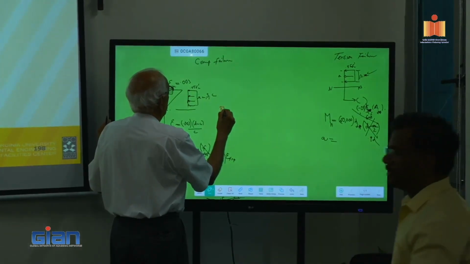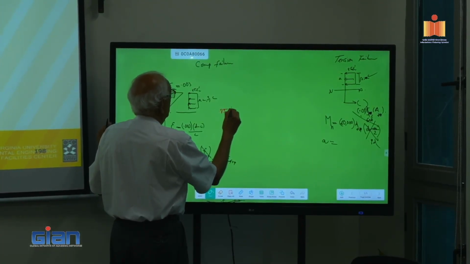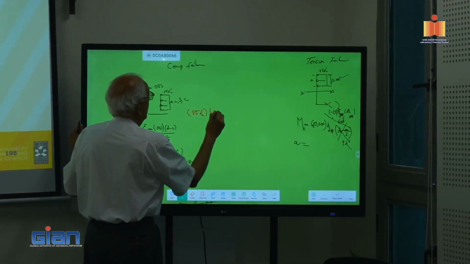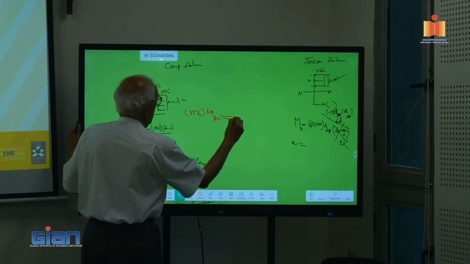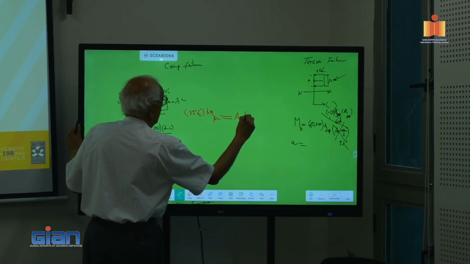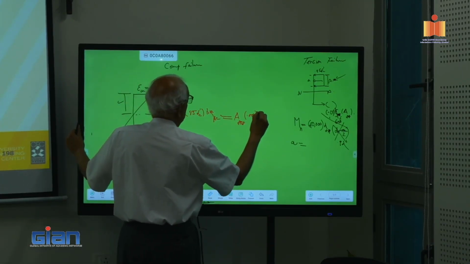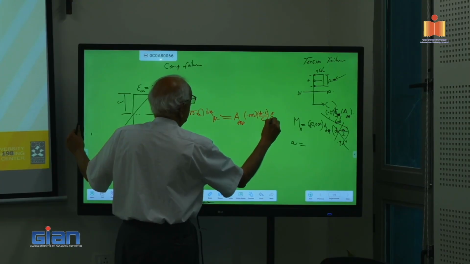0.85 f prime c, that is the stress, times b times a, which is beta 1 c, and that is equal to A of FRP times 0.003 times (d minus c) over c times E of FRP.